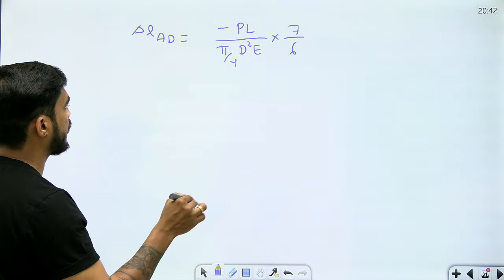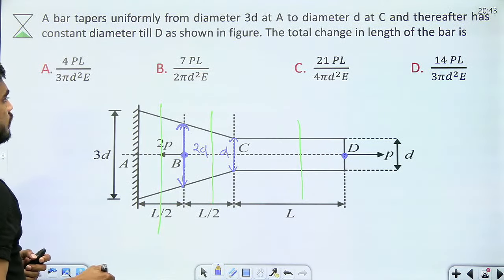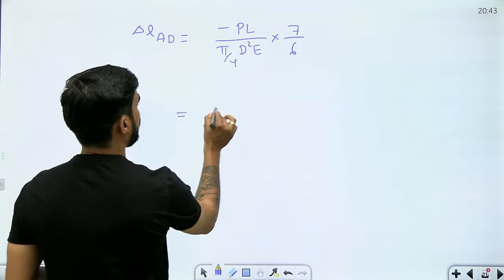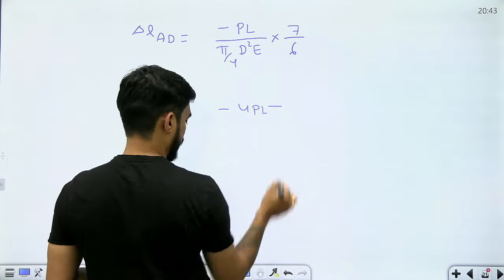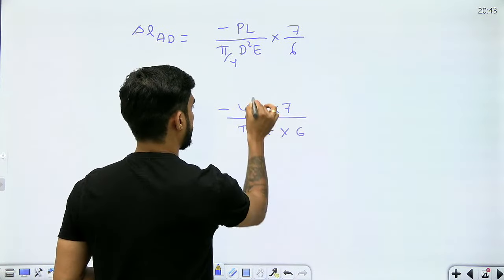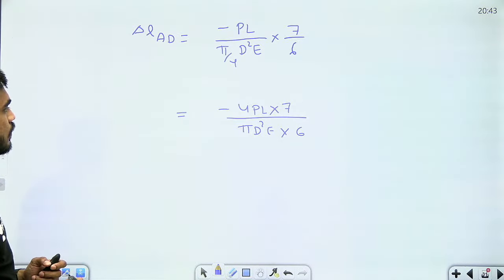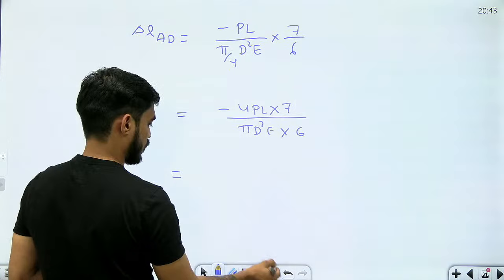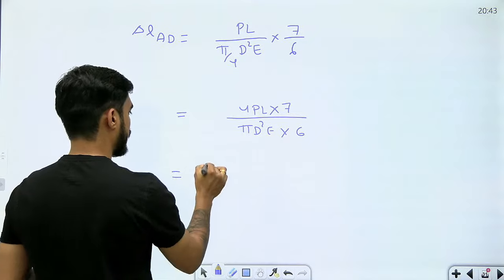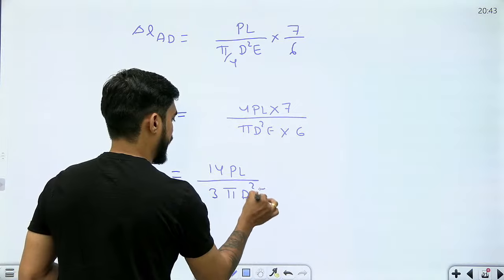This will become minus 4PL into 7 by pi D square E into 6. तो minus 7 by 3 आ रहा है. अच्छा सॉरी, 14 by 3. अच्छा पॉजिटिव आएगा, माइनस नहीं आएगा. तो ये हो जाएगा 14PL by 3 pi D square into E.